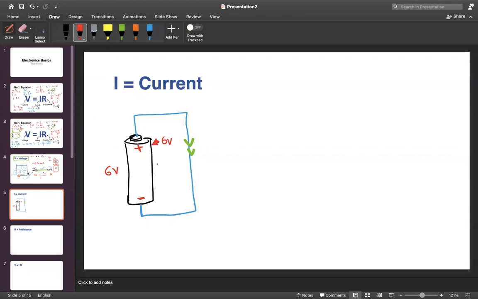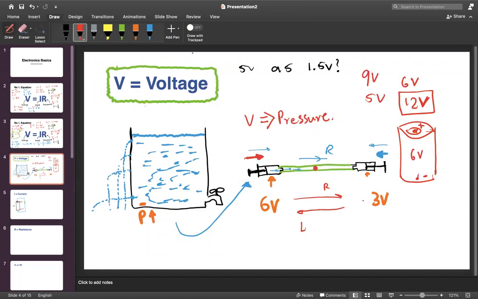And in the negative side, the voltage is 0 volts. Exactly. In the earlier water example we took, it was 6 volts and 3 volts, but now it's like 6 volts here and 0 volts here. Now do you understand? Right.